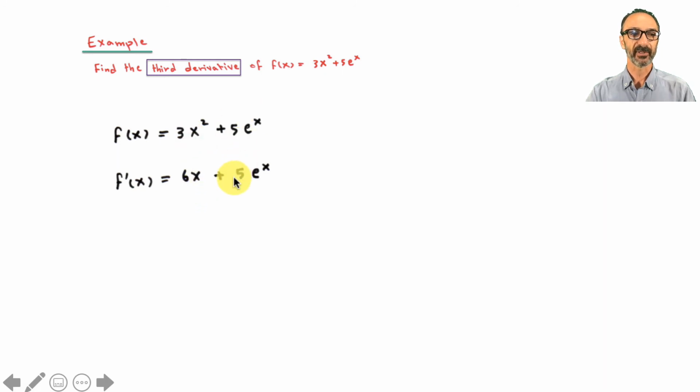The 5 goes up front, and the derivative of e to the x doesn't change. That stays. Let's go another step. Derivative of 6x is 6, and e to the x doesn't change. Let's do it one more time. That derivative is 0, it's a constant, and e to the x doesn't change. That's it.